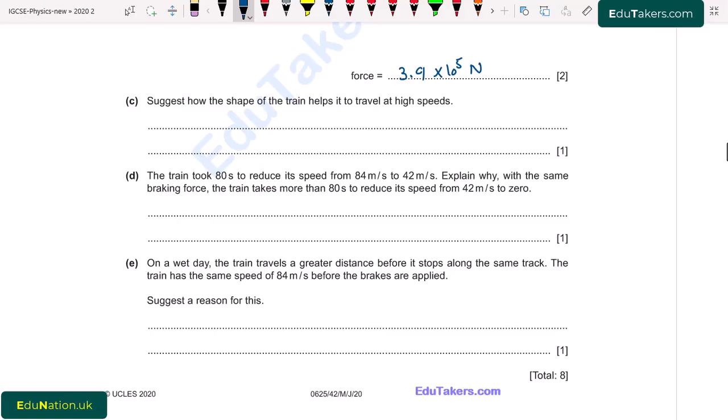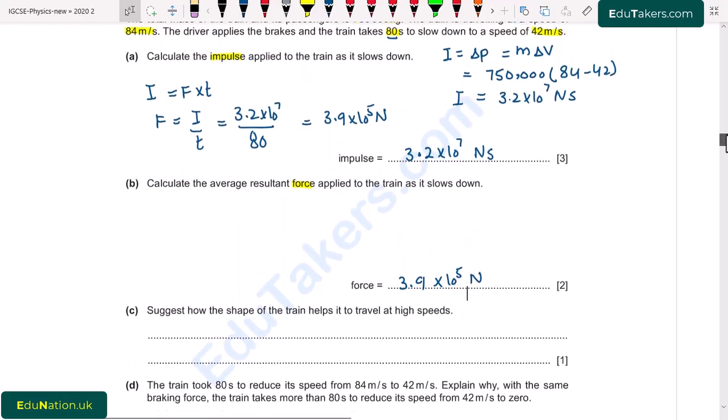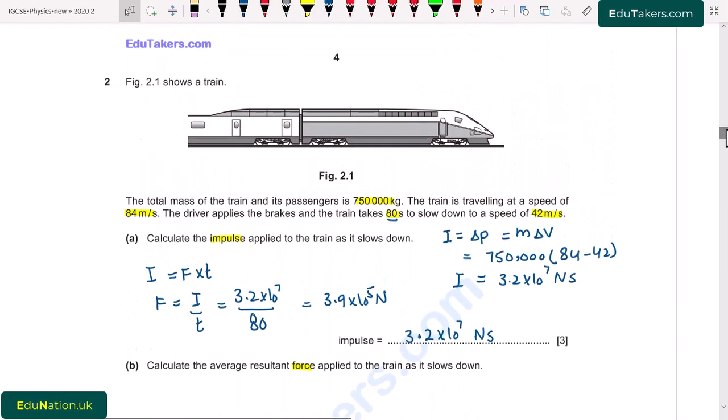Part C. Suggest how the shape of train helps it to travel at a high speed. First of all, you see this train, and its shape is a streamline, and it is the best shape that reduces the air resistance.